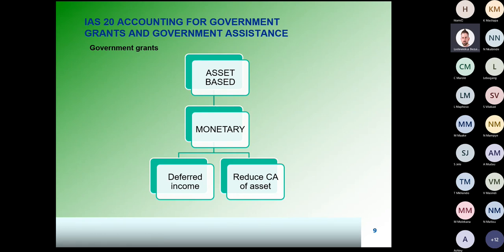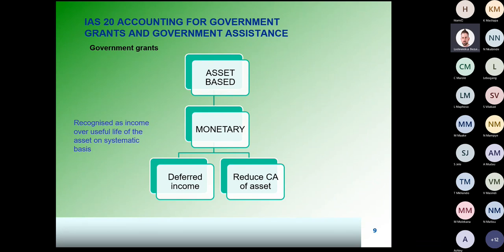So now you have government grants can either be income-based or asset-based. If it is asset-based government grants, we must now see what the question or the information tells us. How do we account for it? Do we show it as deferred income, or do we show it as a reduction of the carrying amount of the asset? If it is deferred income, we recognize it as income over the useful life of the asset on a systematic basis.